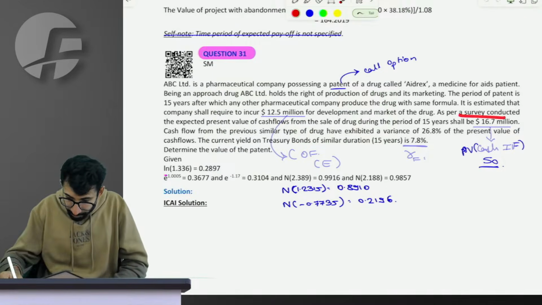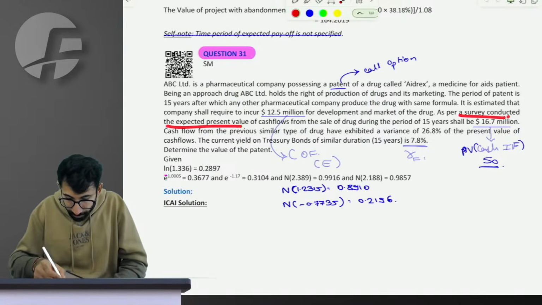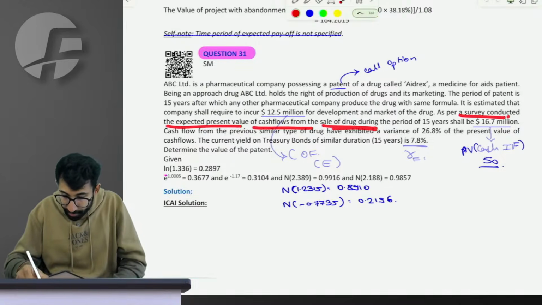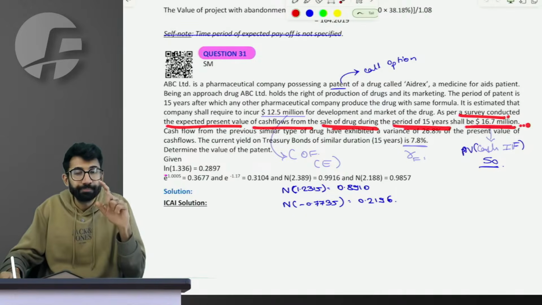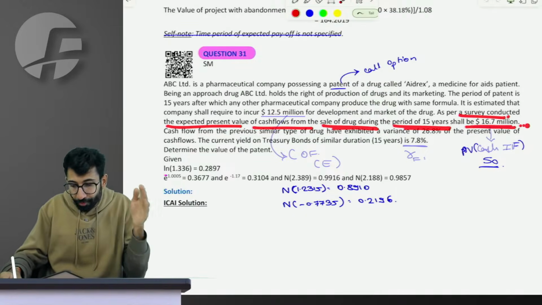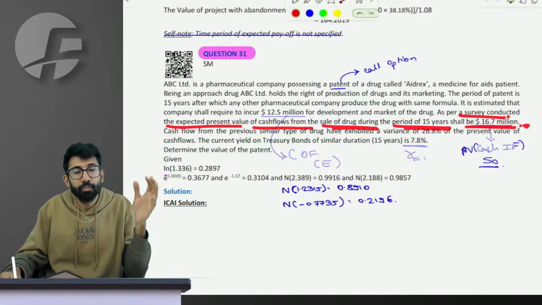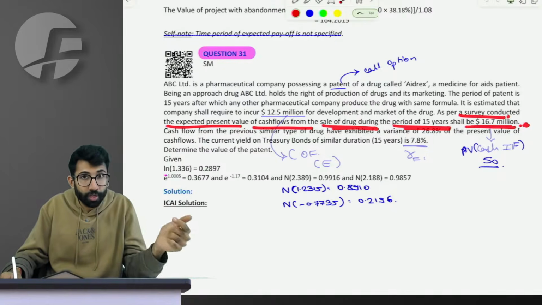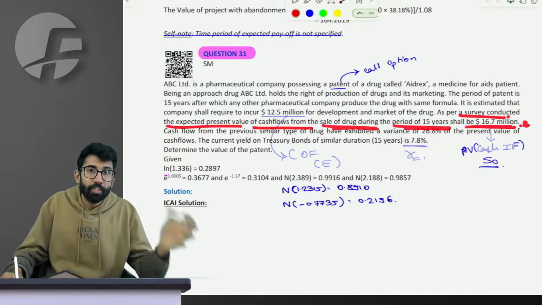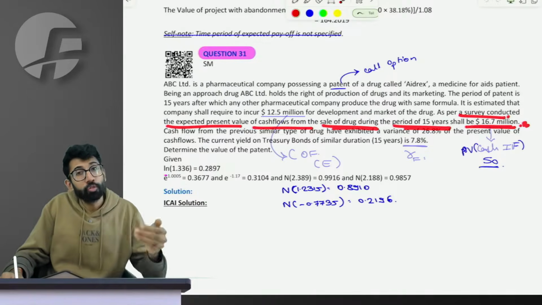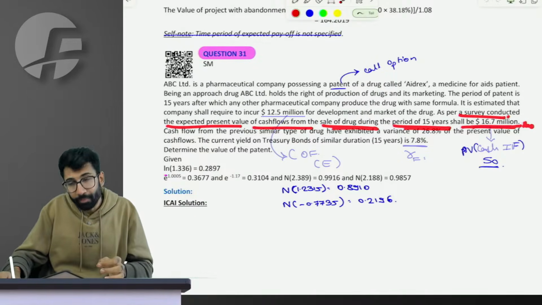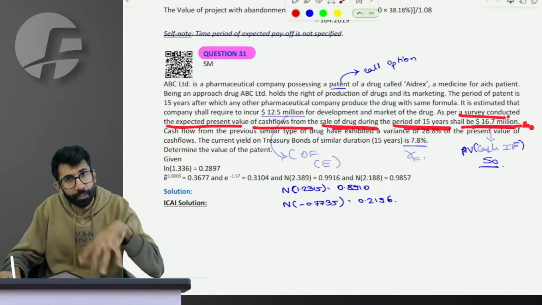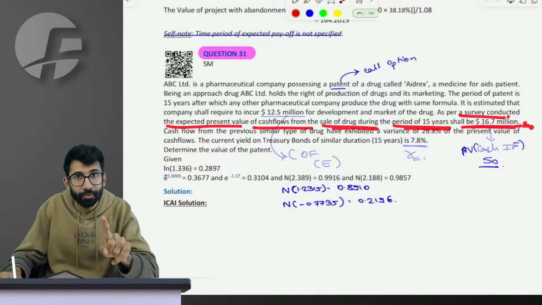Cool. As per the survey conducted, the expected present value of cash flows from the sale of the drug during the next 15 years shall be 16.7. Over the next 15 years, when I sell those drugs, I will generate cash flow. So the present value of all those future cash flows is 16.7 million. Can I say the value of an asset today is the present value of future cash flow?